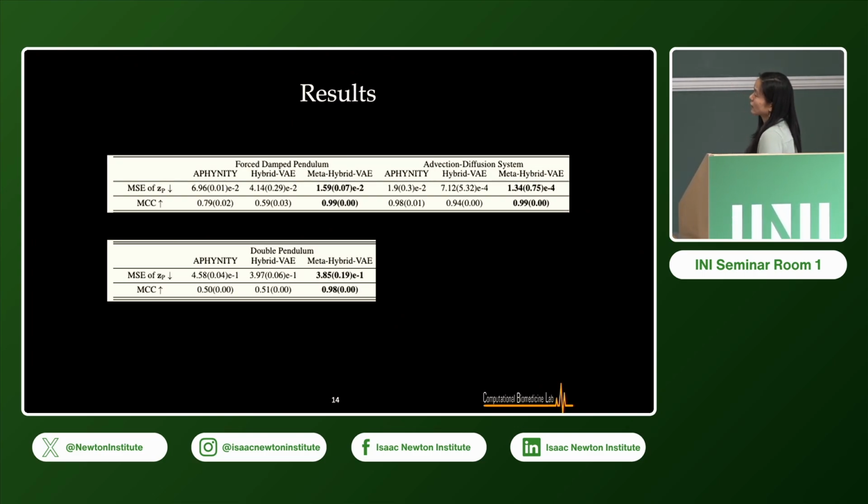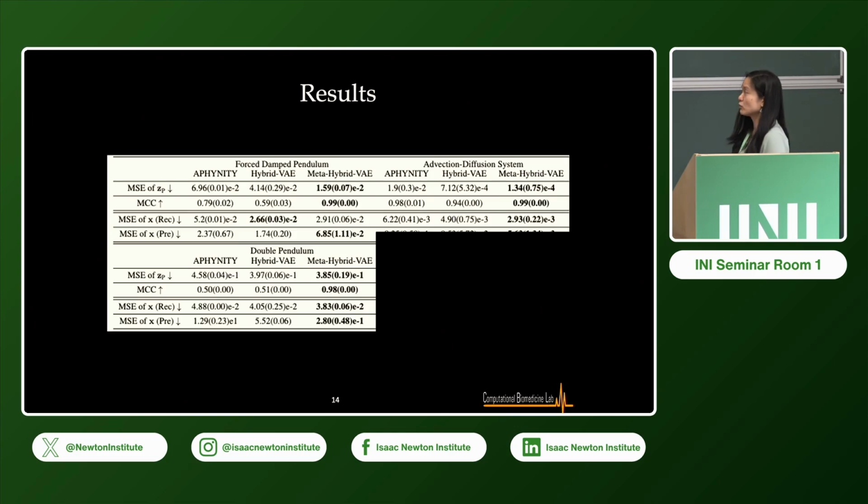But if you look at the neural component, when you add meta learning, you have a much higher mean correlation coefficient with the actual parameter that's missing in the equation. So for the neural component in the hybrid model, meta learning is really important in ensuring you're identifying the right thing.